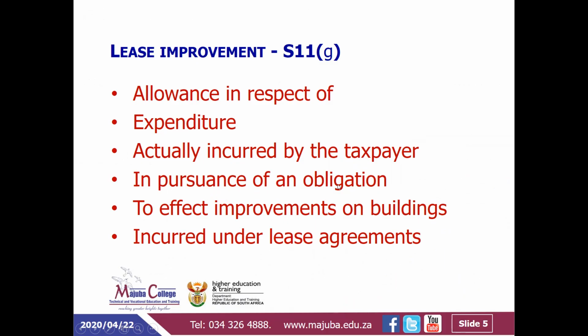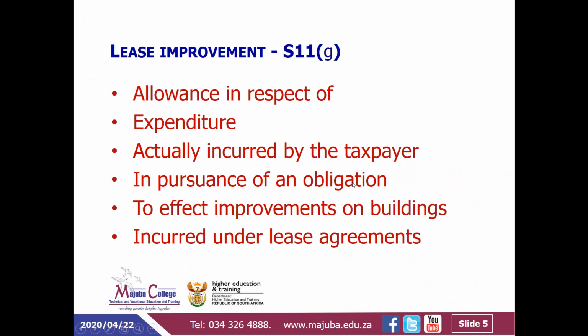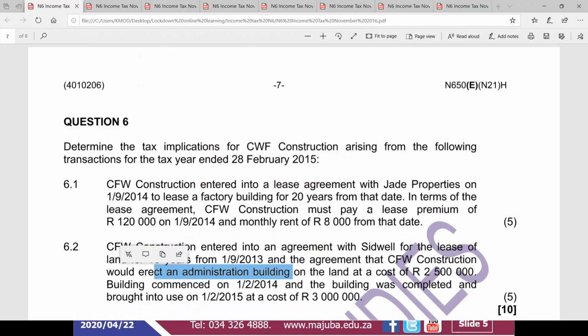In pursuance of an obligation, of course, the obligation was brought about by the lease agreement. Remember, there was a lease agreement, and in the lease agreement, CFW undertook to erect an administration building. So that is in pursuance of an obligation to effect improvements.